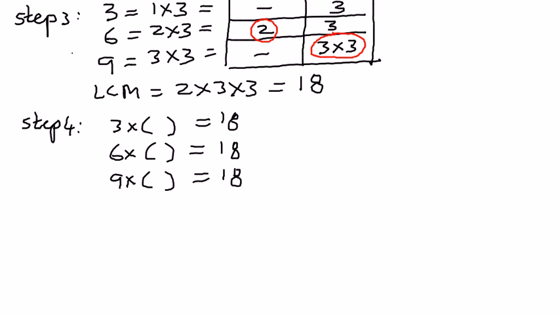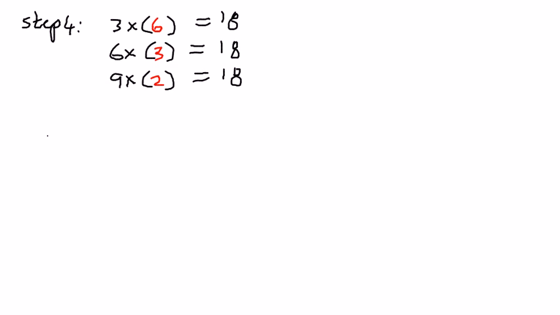So what we have here is 3 times 6 is equal to 18, 6 times 3 is equal to 18, and 9 times 2 is equal to 18. Now we have the numbers to find the common denominator. Therefore, in our next step, step number 5, we're going to write it out as follows.